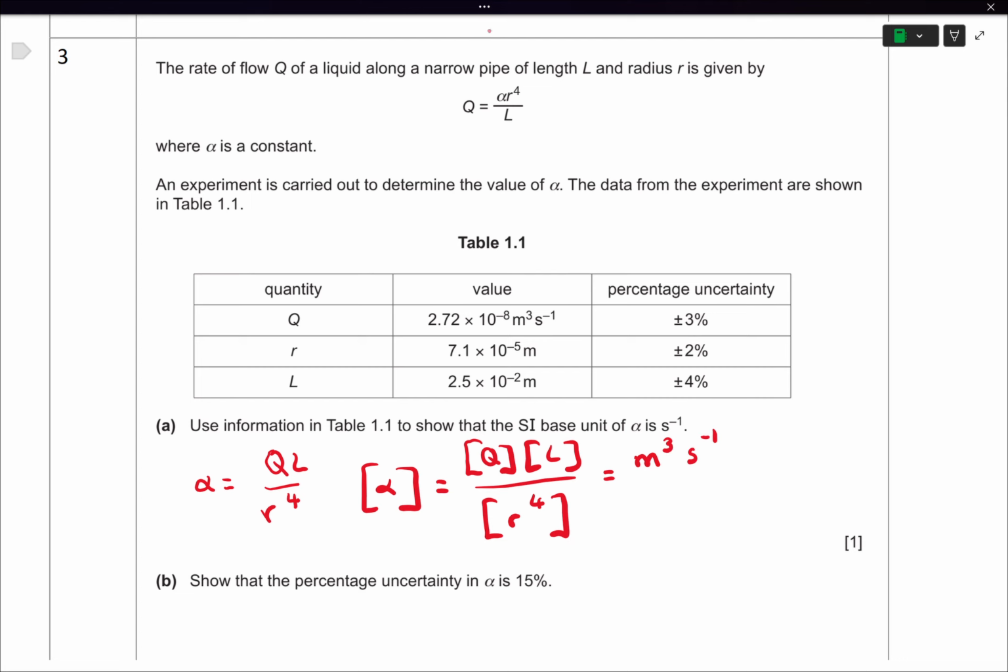The units of L are meters, and the units of R are meters, so the units of R to the 4 are meters to the 4. So on top we've got a meters to the 3 and a meters to the 1, so we're going to put those together as meters to the 4, still seconds to the minus 1 over meters to the 4. So we can see we're just left with seconds to the minus 1.